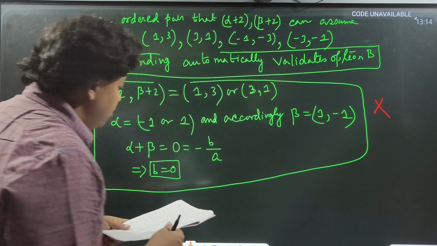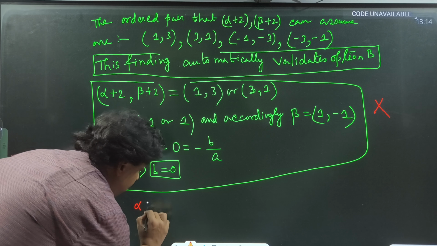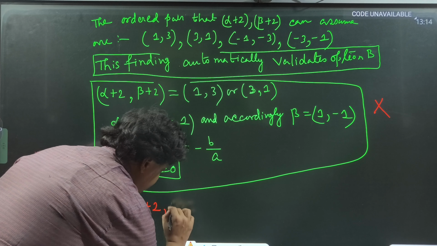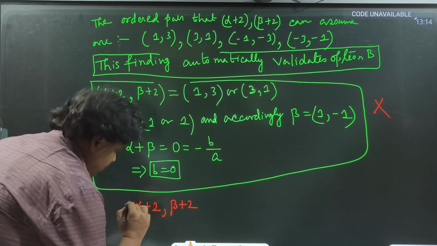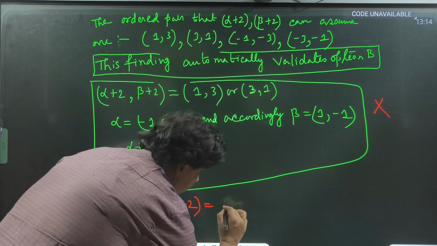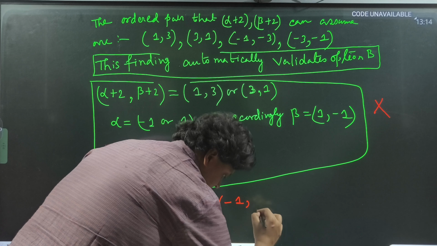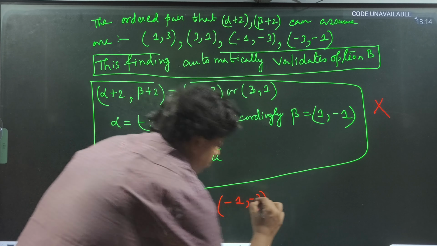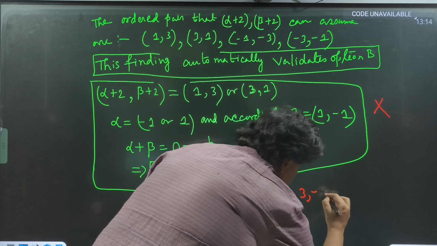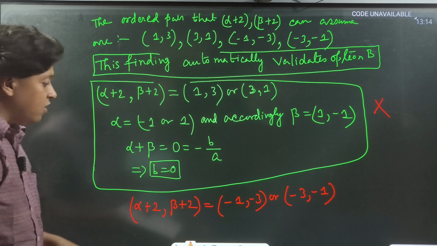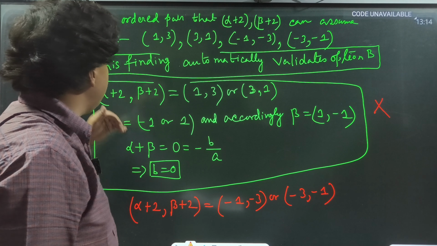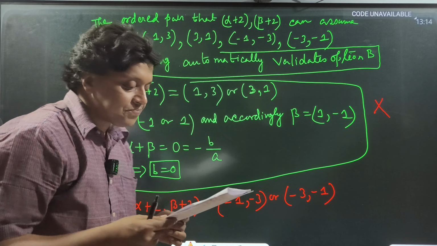So ultimately we are left with these values of alpha plus 2 and beta plus 2. That is, we nullify a pair of ordered pairs.